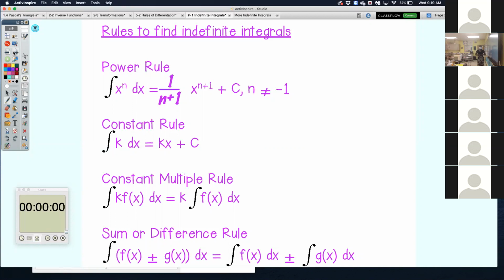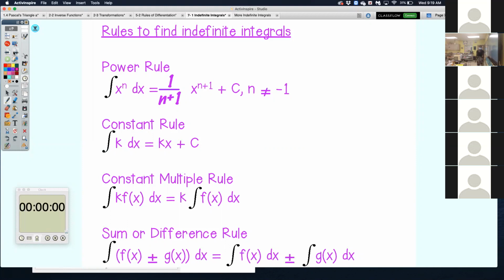You have your constant rule, which says if you take the integral of the constant k dx, then your antiderivative would be kx plus c. Okay? Remember, it's like we're going backwards. So anytime you have a constant, the antiderivative of that is just the constant times x.